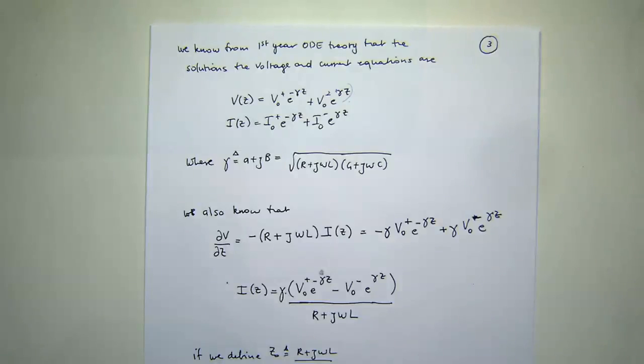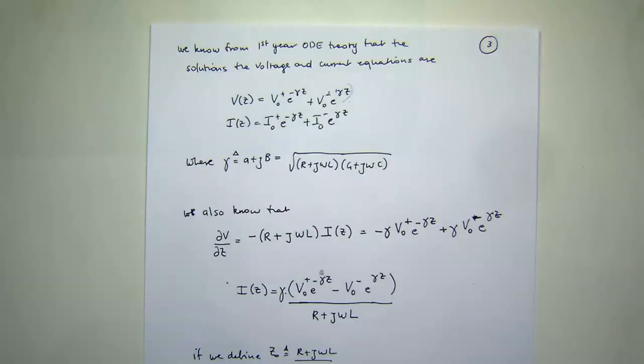Usually, if you've got a second order differential equation with gamma squared, if you differentiate twice, you lose the information about the sign of the gamma. But what are e to the minus gamma z and e to the positive gamma z telling us? That we've got one solution moving in the forward direction, and the other moving in the reverse direction.